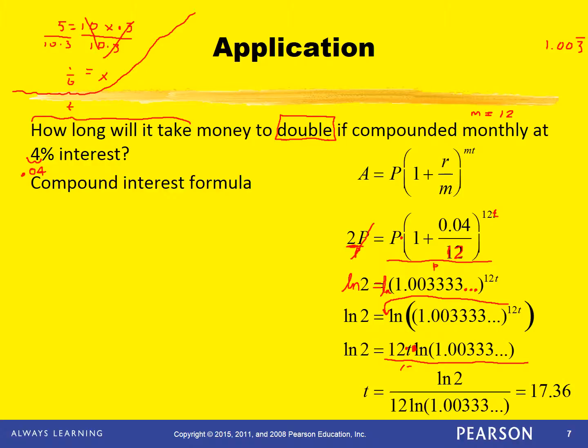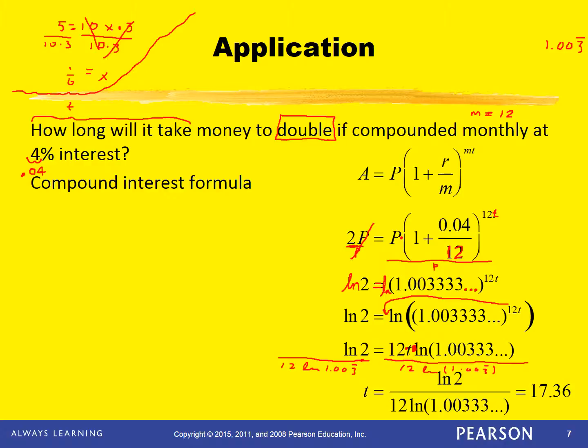Divide both sides by 12, ln 1.003 repeating both sides. 12 ln 1.003 repeating. Okay.